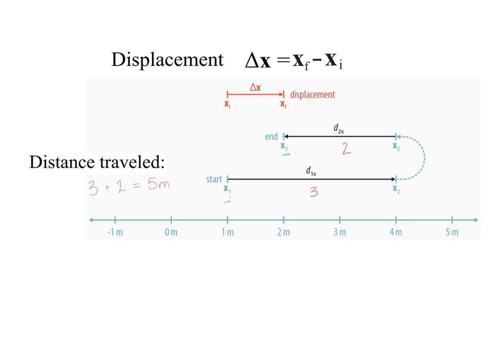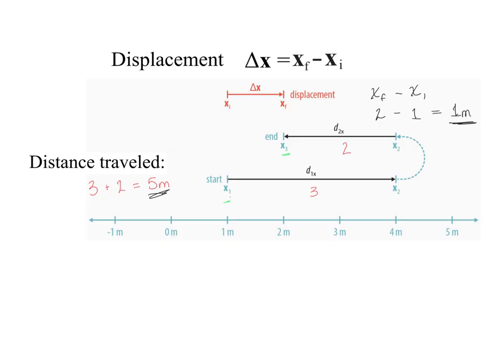And so if I look at where I ended, well, I ended at 2 meters, which is my final location. And I started out at 1 meter. So my displacement here is only 1 meter, even though if I were walking, I would have walked 5 meters altogether.